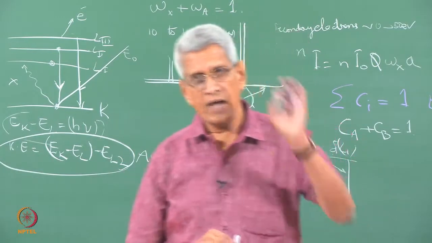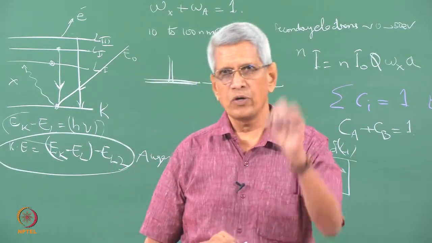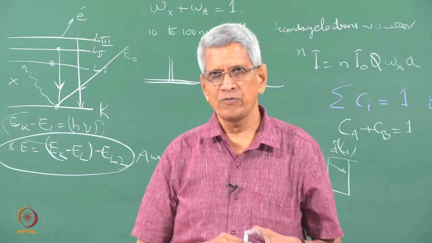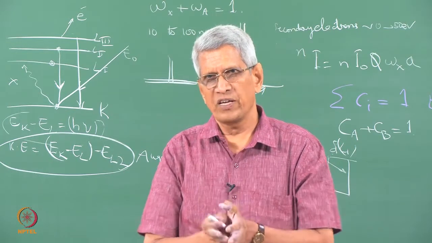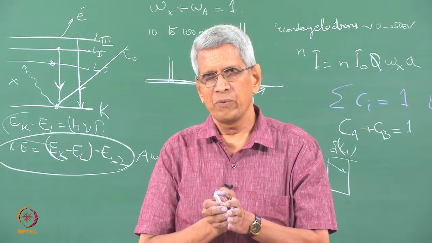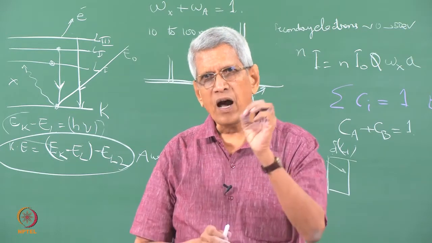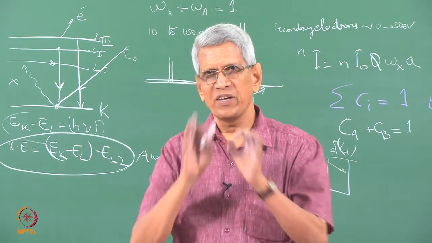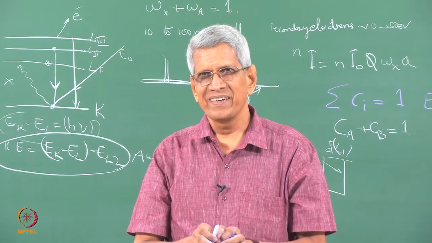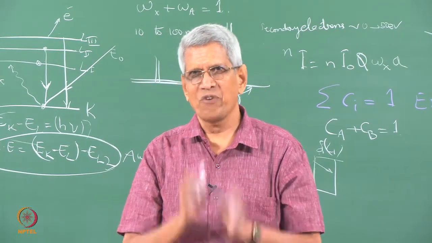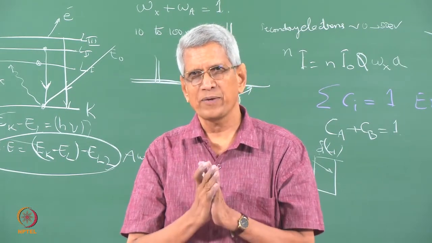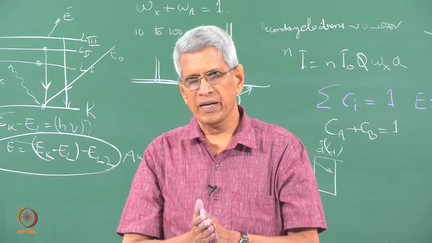Another important factor is that if we want to improve the spatial resolution, the beam has to be made finer and finer. That means the aberration has to be corrected. If we can correct the spherical aberration, then we can make the beam as fine as possible. So in aberration corrected microscopes, spherical aberration can be corrected.